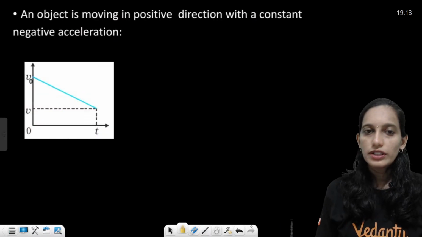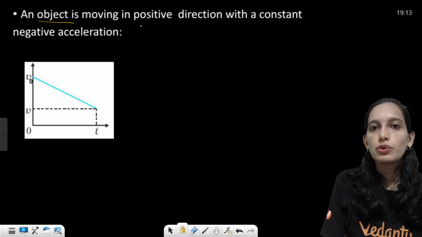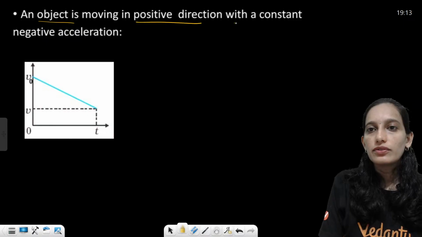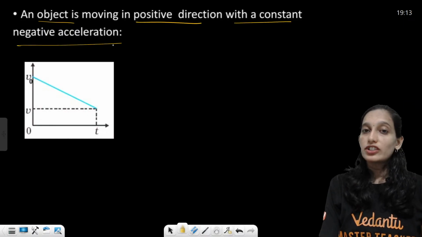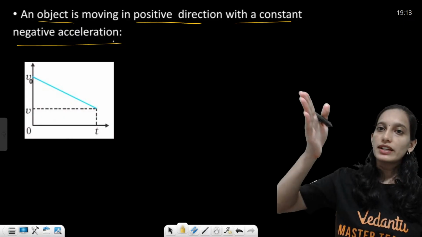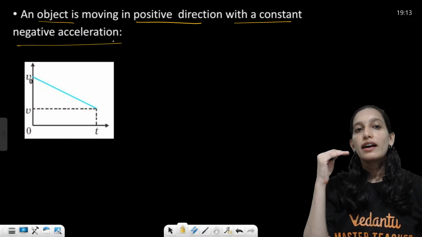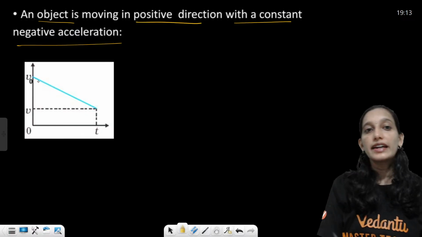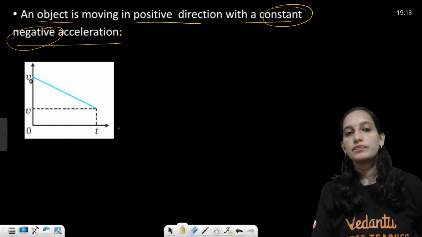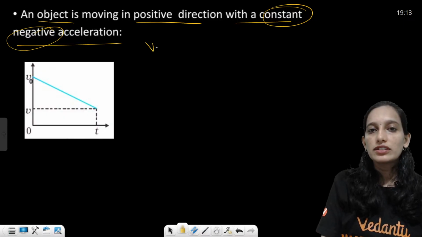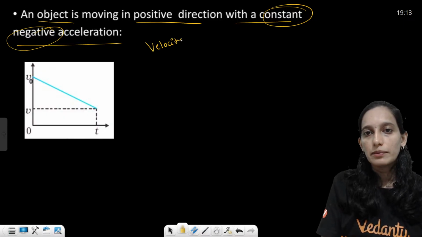The next one is an object moving in the positive direction with a constant negative acceleration. The object moves in the positive direction, like along the positive x axis, but its acceleration is negative, a constant negative acceleration. Then velocity keeps decreasing as time passes.